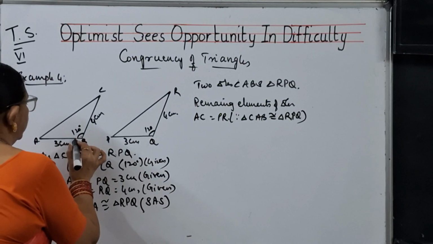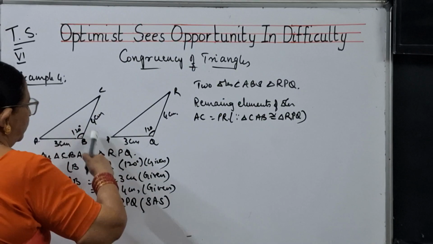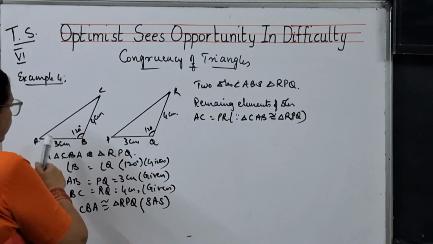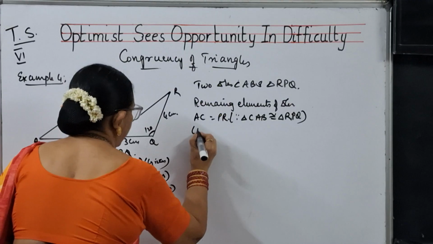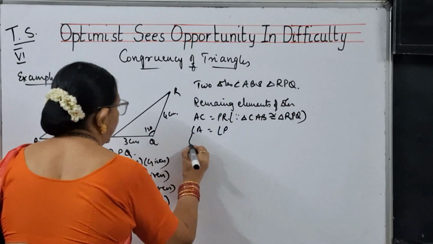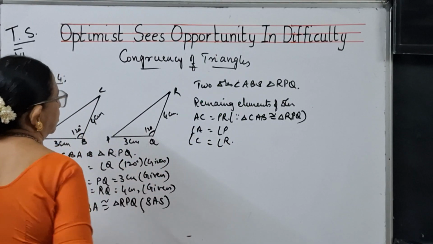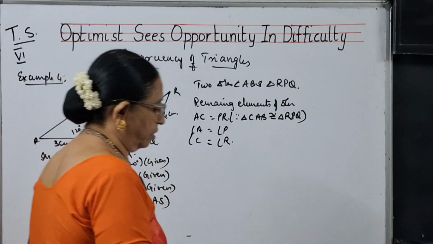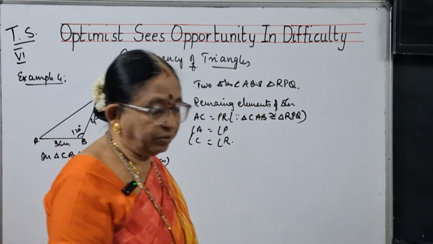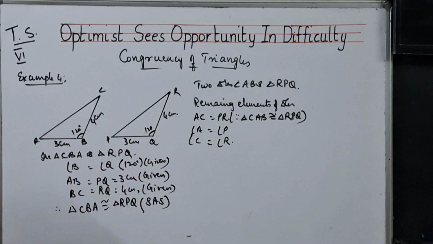Here we have talked about angle B. Now only one side is left, which we have written. Then angles: angle A is equal to angle P, and angle C is equal to angle R. These are the remaining elements which are equal. We have done this here, children. Please note it down.